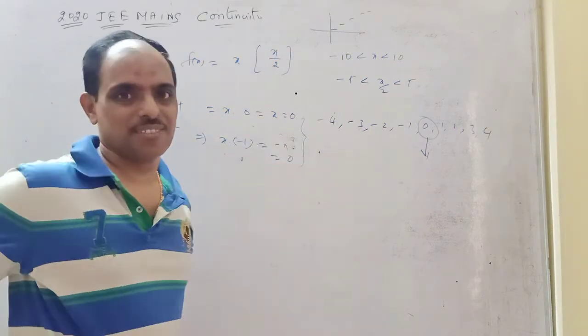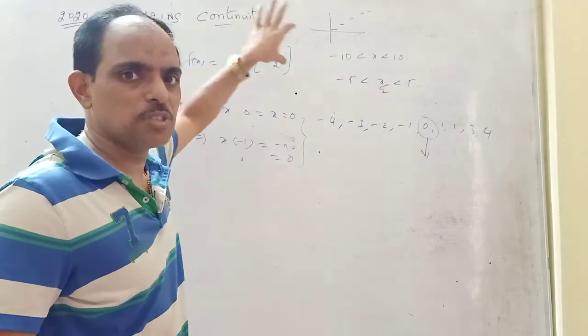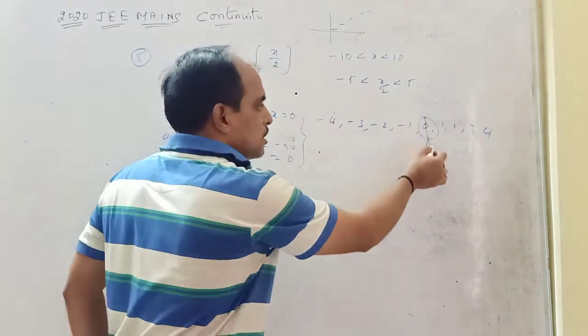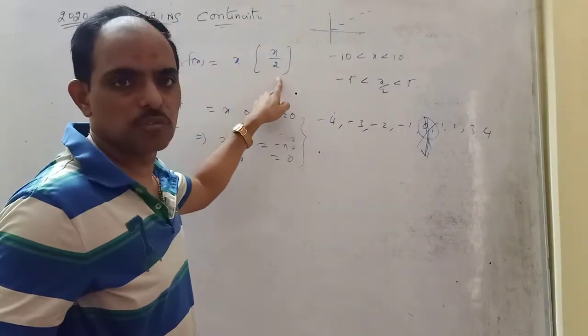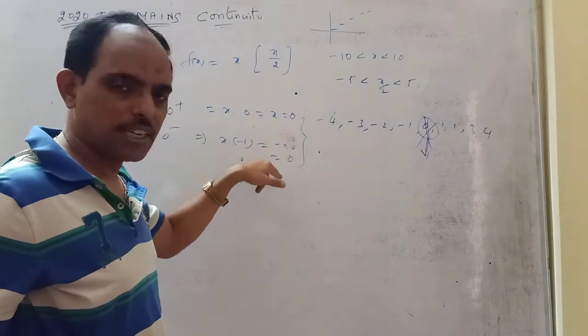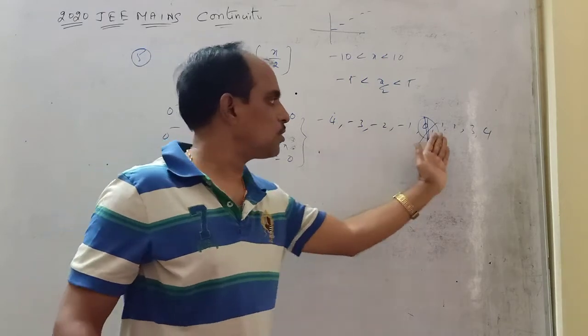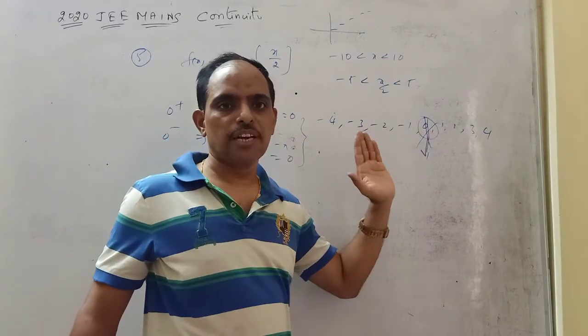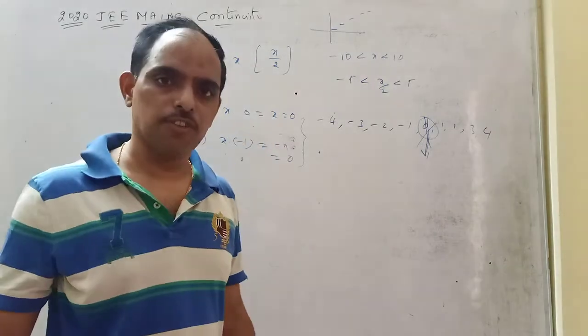So it is continuous because outside we have x. The function is x into step of x by 2. So at x equal to 0 it is continuous, not discontinuous. 0 into some value is 0. So we have the remaining values, 4 on each side, total 8 values. At these 8 values, the function is discontinuous.